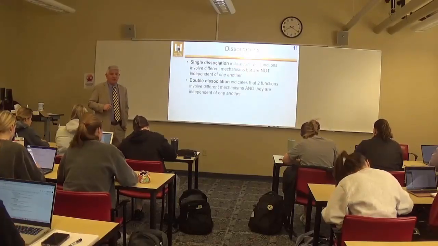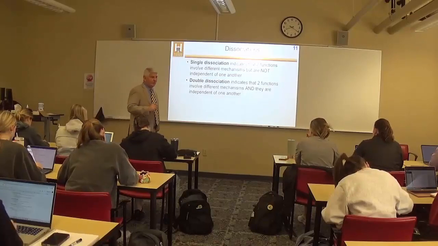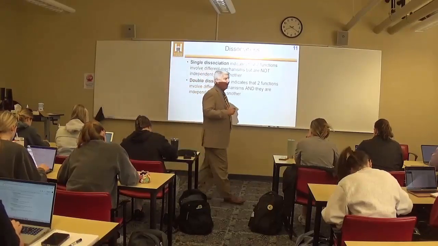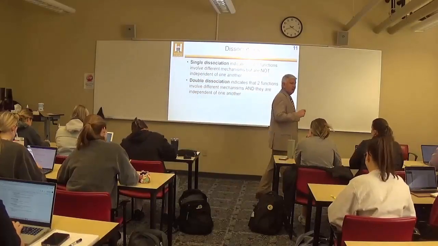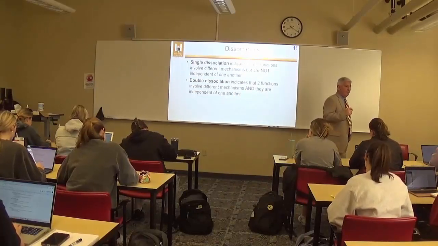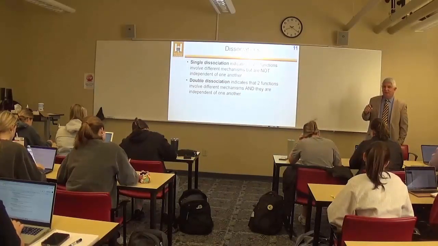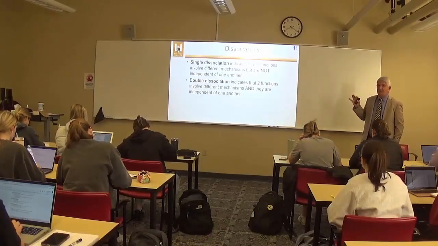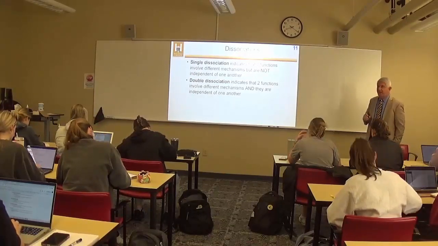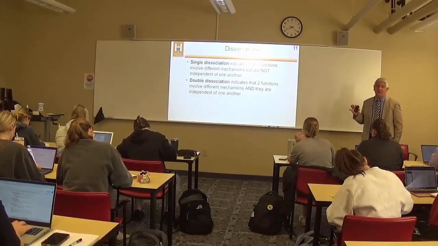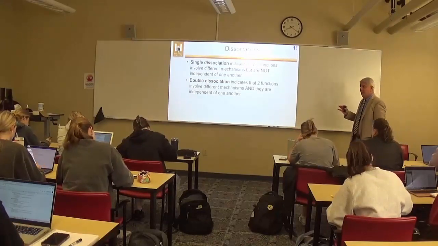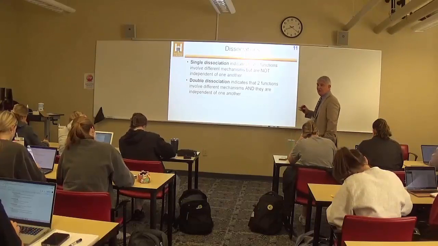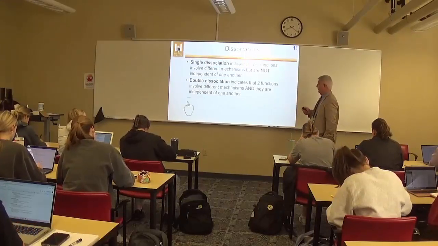However, when we move out of V1 into this dorsal and ventral pathway, we get a double dissociation, meaning now once you get out of V1, if you damage the parietal pathway, you lose the ability to do those, how do I respond to this stimulus, but what is this stimulus in the temporal pathway is still intact and separate and able to function. All right?